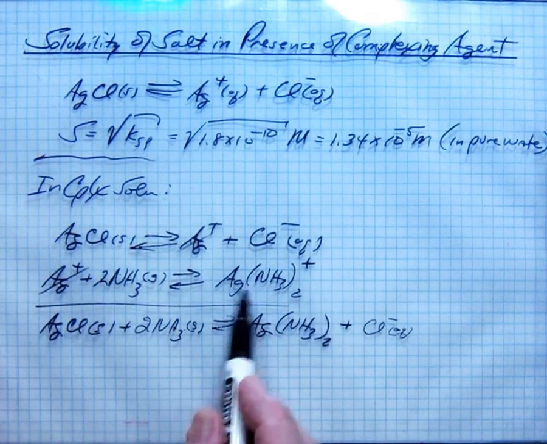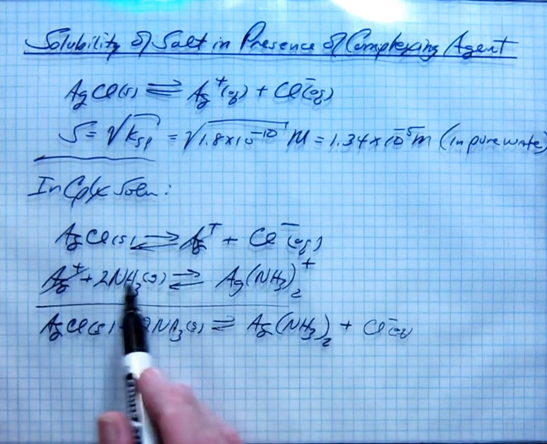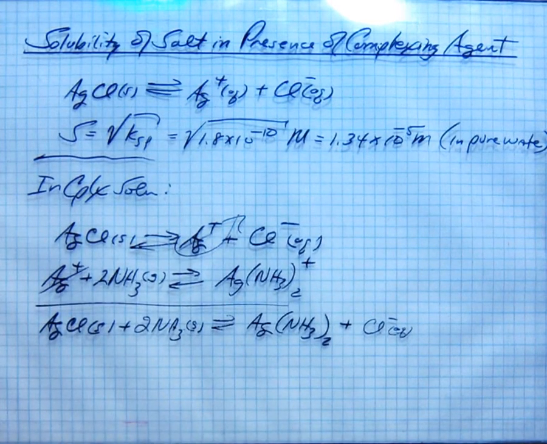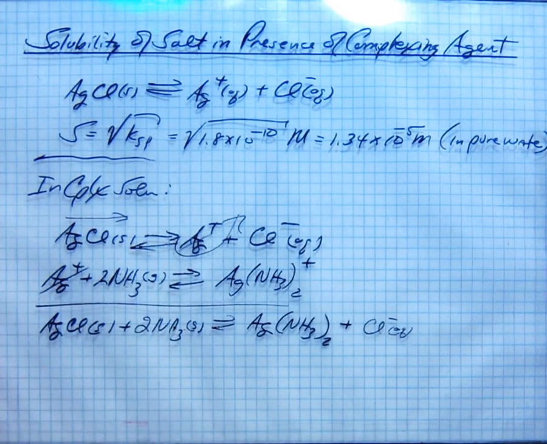Now, as the silver amine complex is formed and the silver is essentially taken out of the equilibrium, this will cause the reaction to shift to the right.